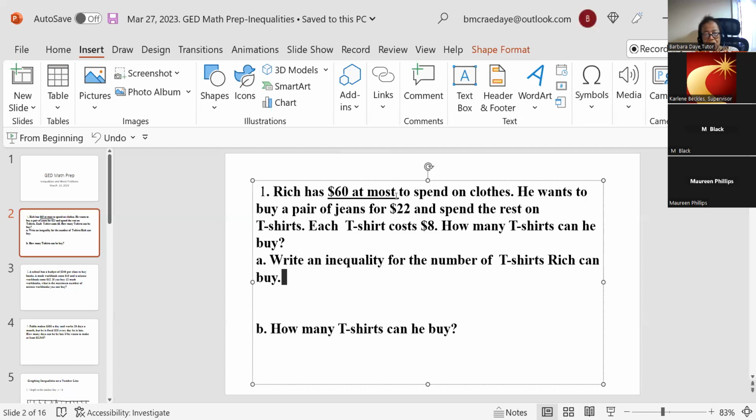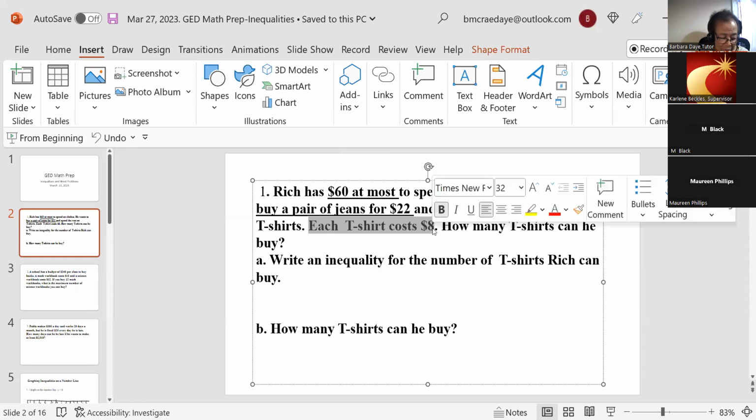Yes. Now, verbally, you figured it out. You said he buys a pair of jeans for $22, right? So that's coming out of that $60. Now the rest, what would be the amount of money left back? $38. Very good.